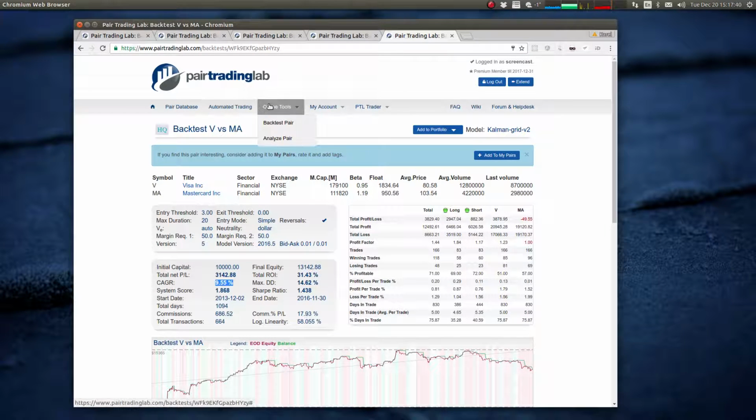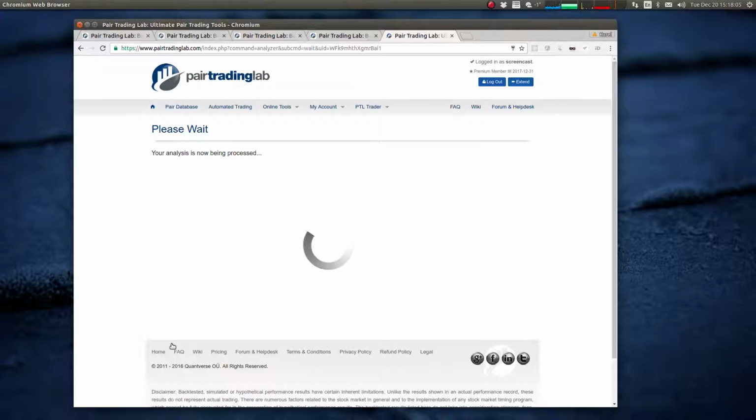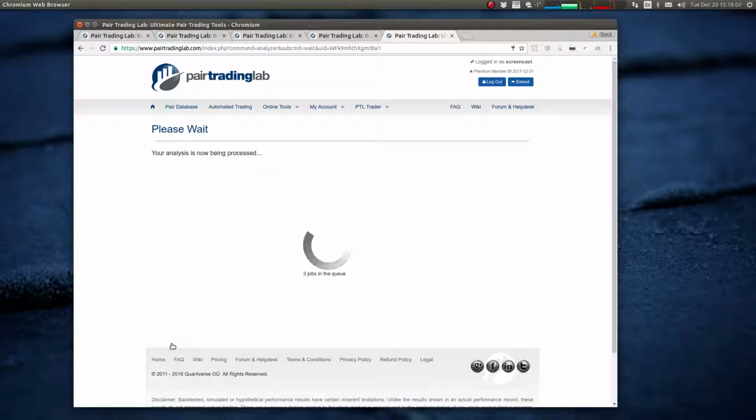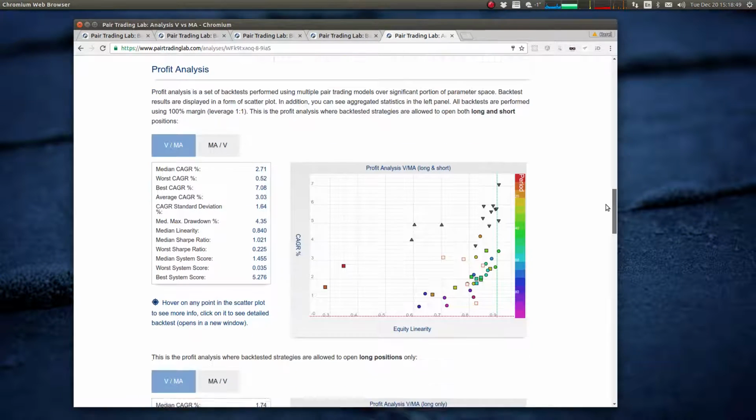We can try now to analyze the Visa Mastercard pair. Hopefully it will tell us which model works best. And we can compare which one is better.